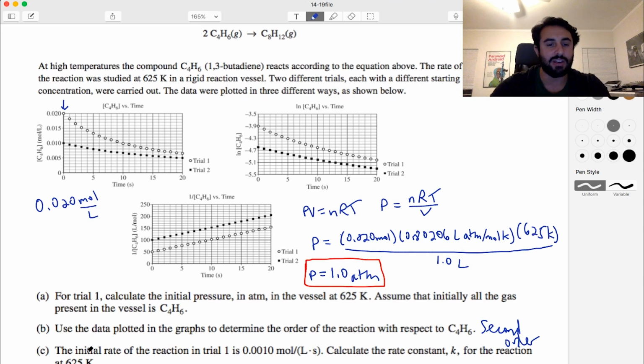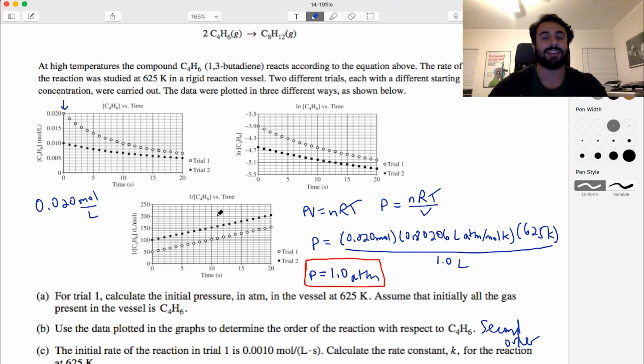Now, lastly, the initial rate of the reaction in trial 1 is 0.0010 moles per liter seconds. Calculate the rate constant K for the reaction at 625 K. So first we need to have the rate law. We just figured out that we can't write a rate law by looking at the stoichiometry of a reaction, and in this case it will match, but you can't count on that.